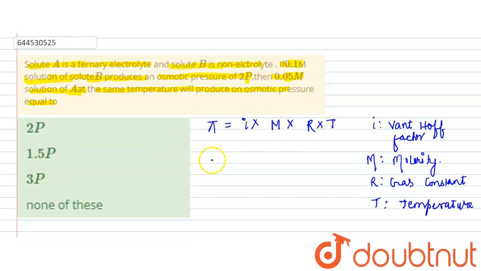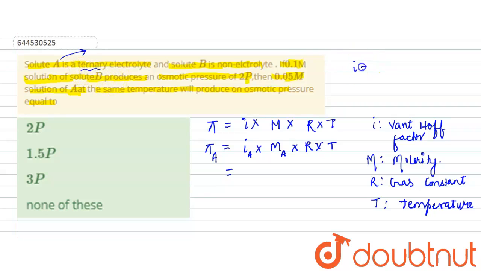So let's write down the pi for A, which will be equal to i of A into the molarity of solution A into R into T. So what will be i of A? It has been given that solute A is a ternary solute.